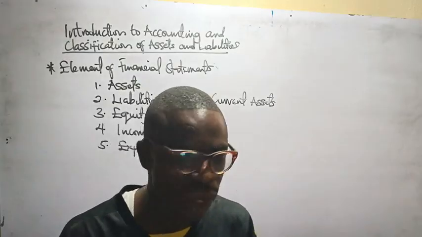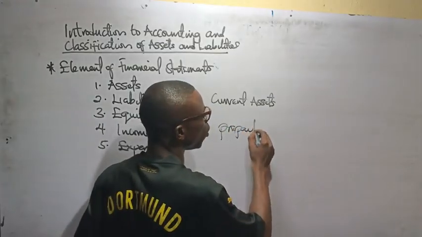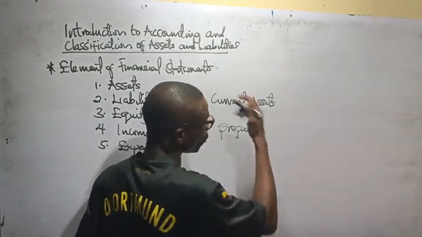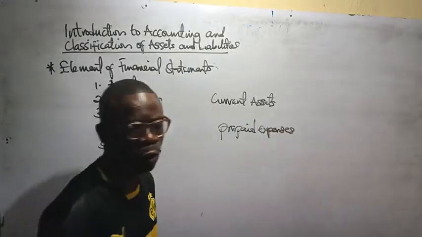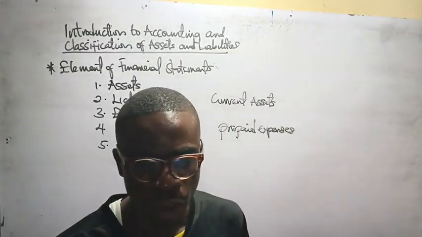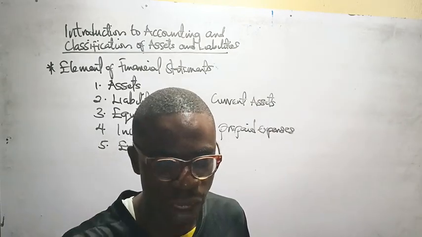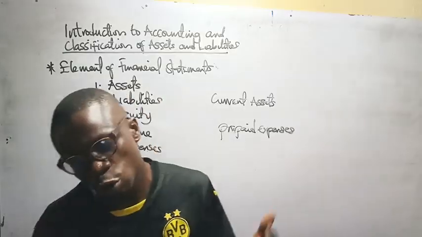When we say prepaid expenses, what do we mean by prepaid? Prepaid expenses are under current assets. They are expenses you have paid for but have not yet enjoyed the benefits of, payments made in advance. Let's give an example. Let's say I want to go and cut my hair.